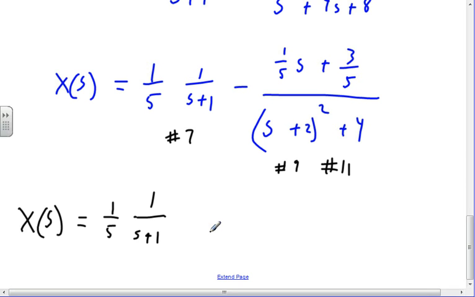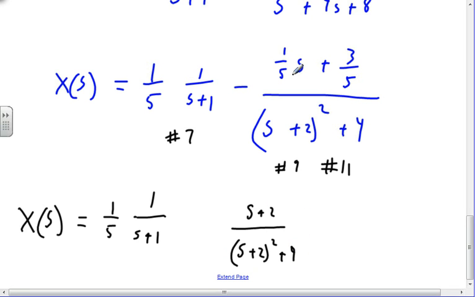So it's going to be s plus 2 on top. So I want an s plus 2 on top. S plus 2 divided by s plus 2 squared plus 4.